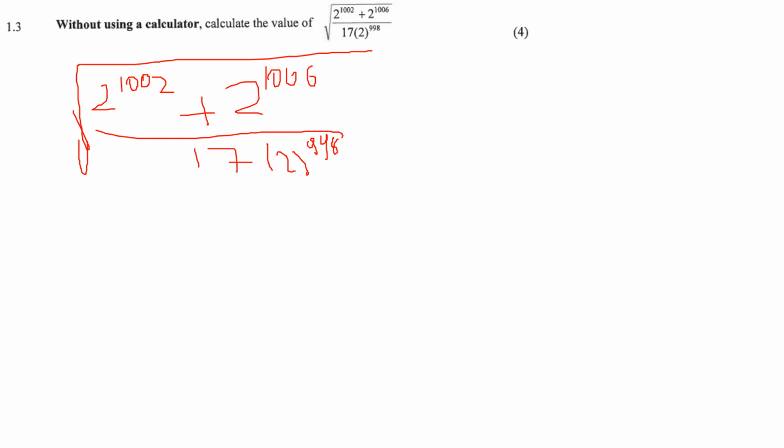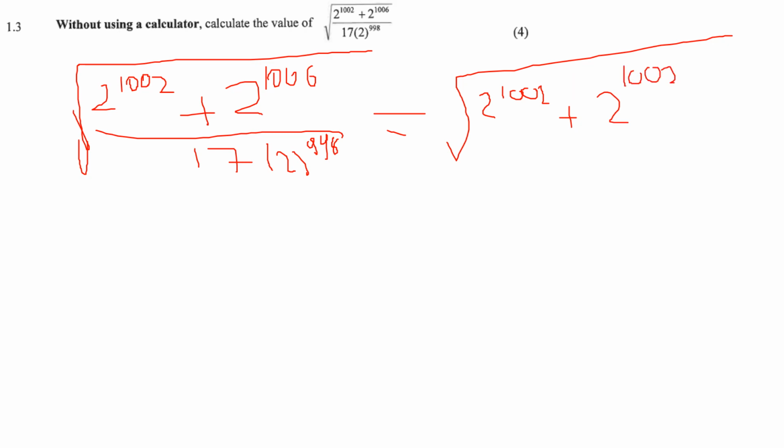So let's start with the first method and expand it here. This one of ours is actually 2 to the power of 1002, but we can write this 2 to the power of 1006 as 2 to the power of 1002 multiplied by 2 to the power of 4.